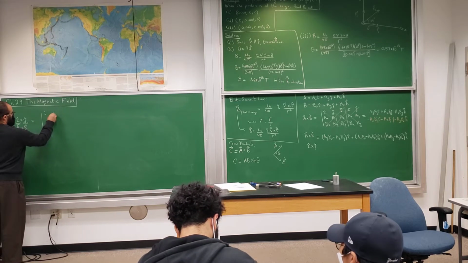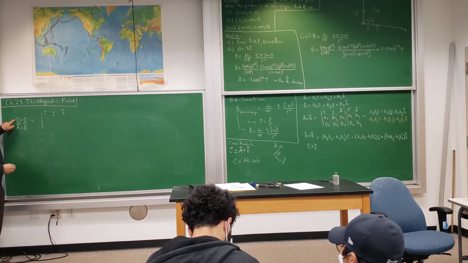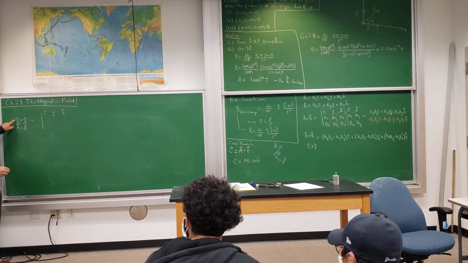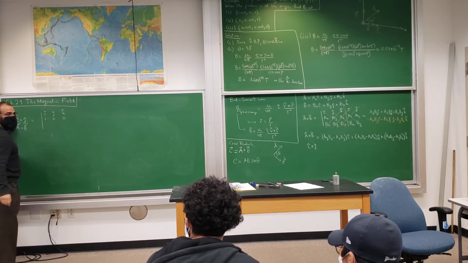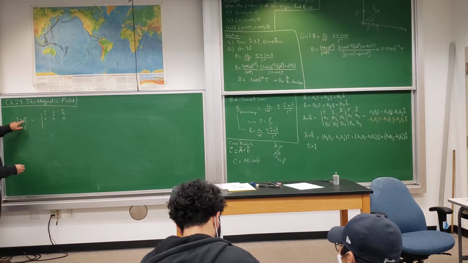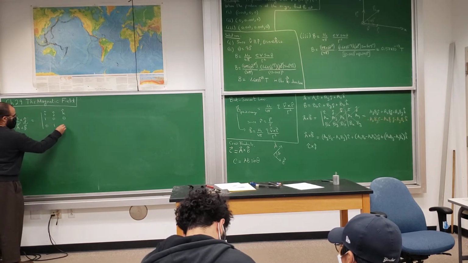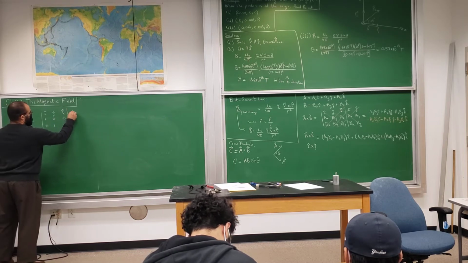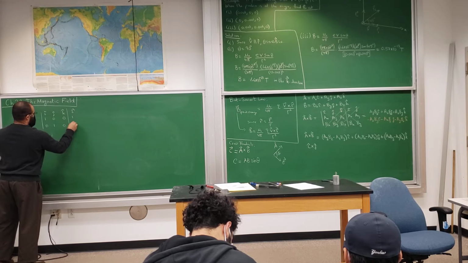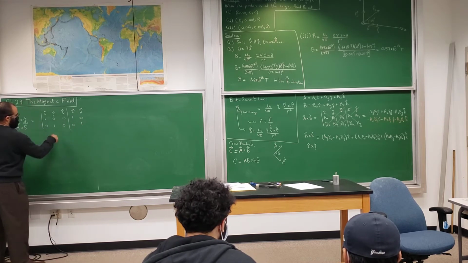I get i hat, j hat, k hat, but this vector only has the i hat component, so it's 1 i hat, nothing in the j hat and k hat. And this vector has just j hat, so it's 0 i hat, 1 j hat, 0 k hat. Now, repeat the first two columns. So i hat, 1, 0, and then j hat, and then 0, 1.